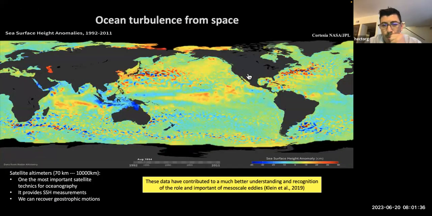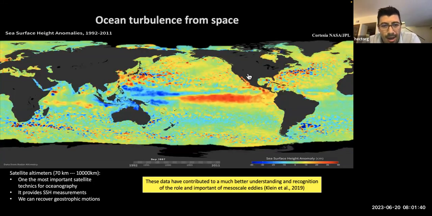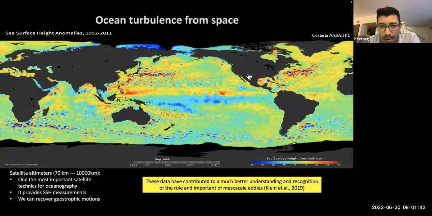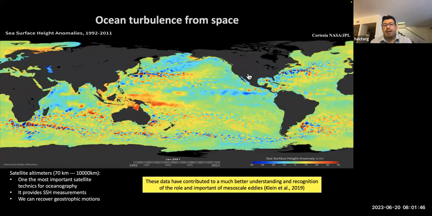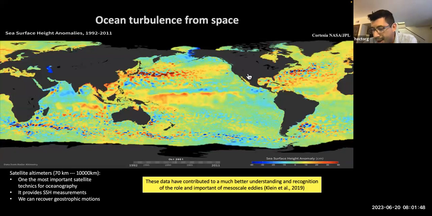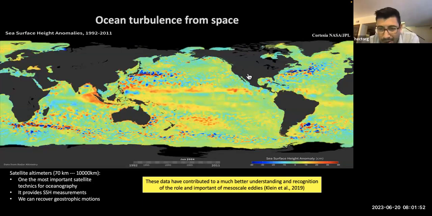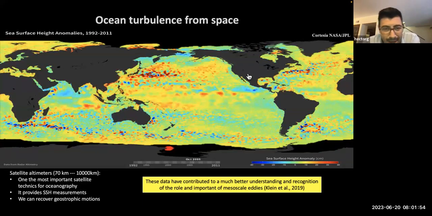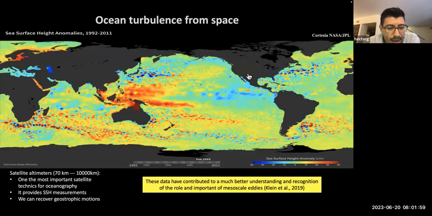Back in the days, TOPEX/Poseidon was a huge technological advance, in the sense that for the first time we had a picture of the turbulent nature of the ocean. And what we found is that it was more turbulent than we expected, in terms of the mesoscale eddies interacting with each other, each of the mesoscale eddies with different sizes.